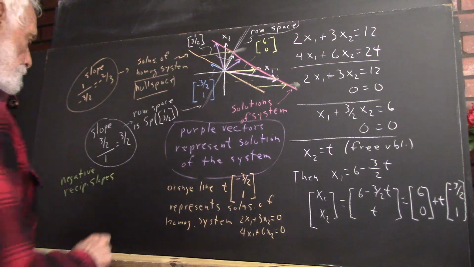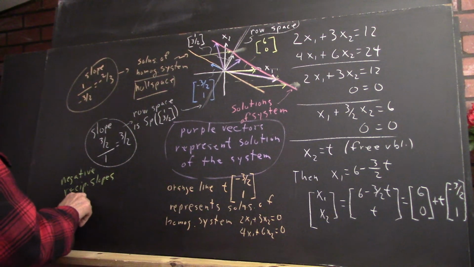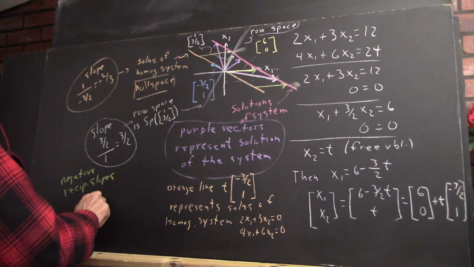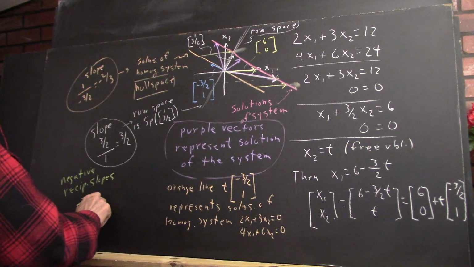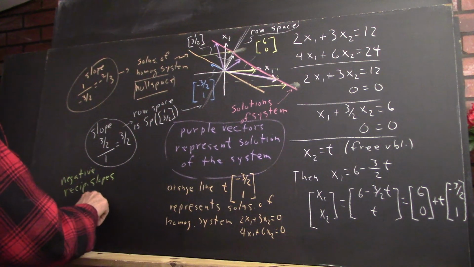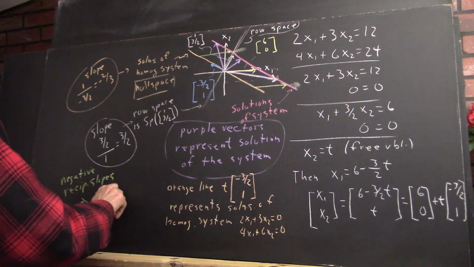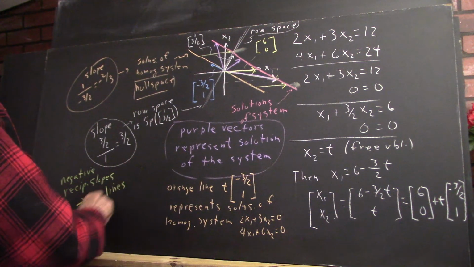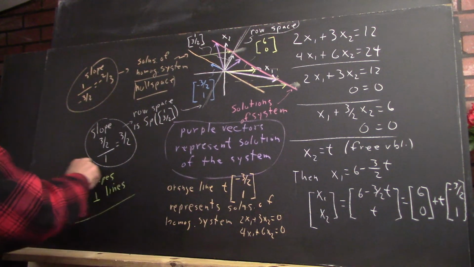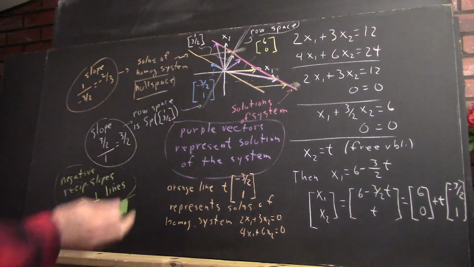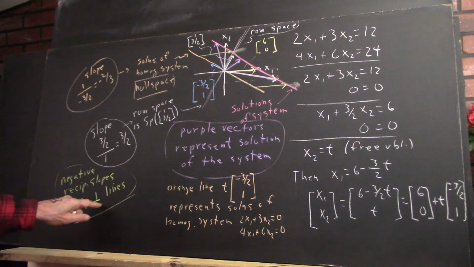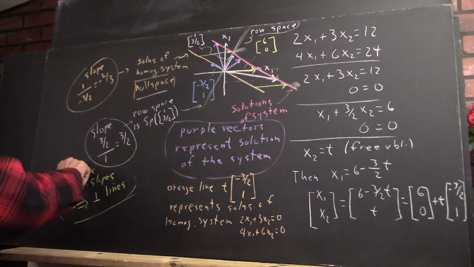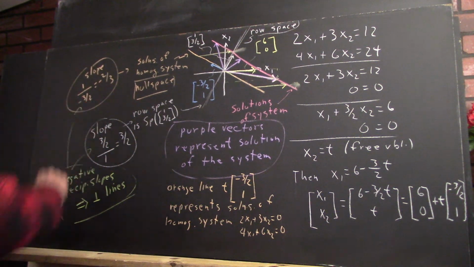And negative reciprocal slopes imply perpendicular lines here and here.